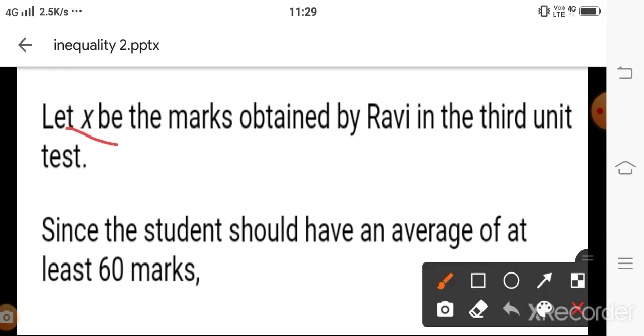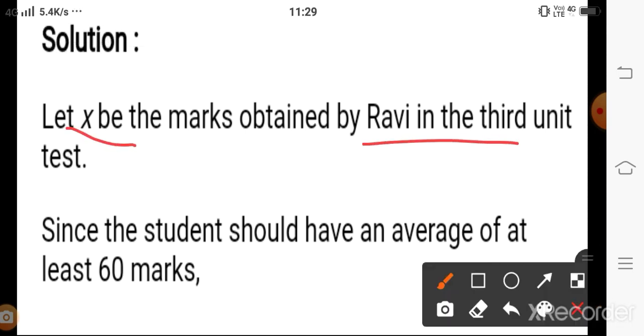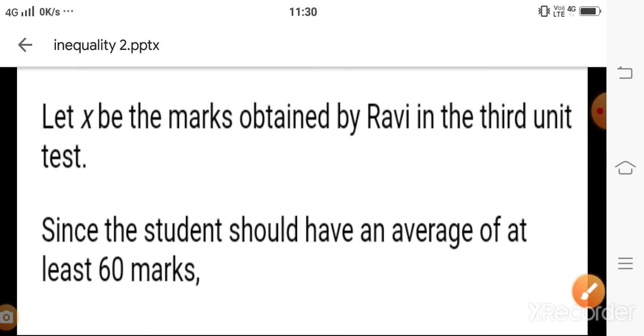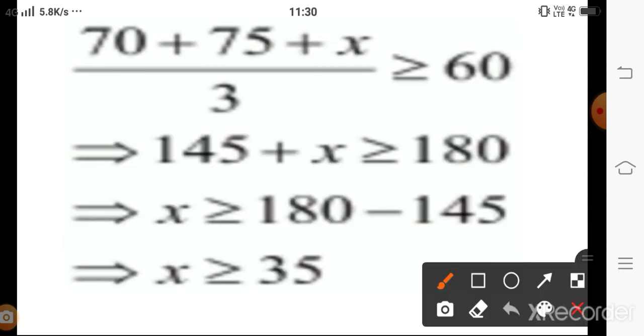Let x be the marks obtained by Ravi in the third unit test, and since the student has an average of at least 60 marks, if you find the average, we get (70 plus 75 plus x) upon 3 greater than or equal to 60. On solving this linear inequality, 70 plus 75 gives 145 plus x.